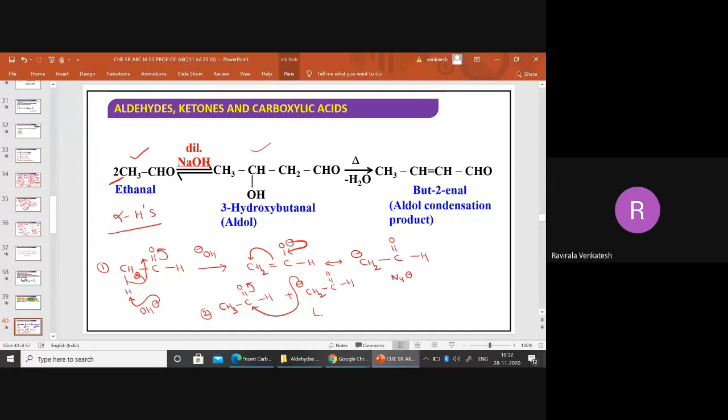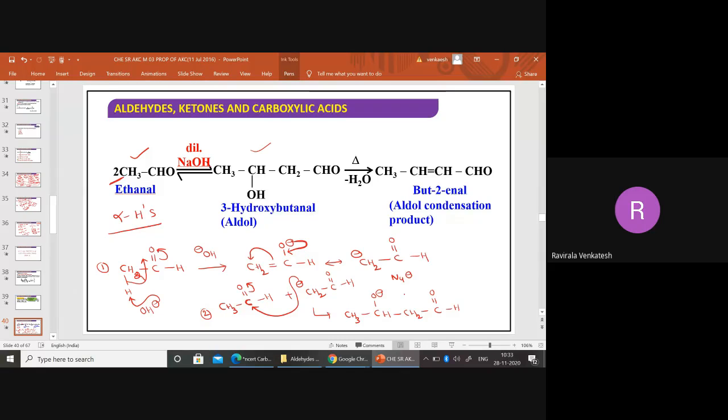Now what we get is CH3 C O minus H, next to CH2 C double bond O H. You got this actually. Again, this CH2 attacks on this carbon and the pi bond shifted over here, so you got CH3 CO minus H, attacking on this carbon, I'm writing like this.